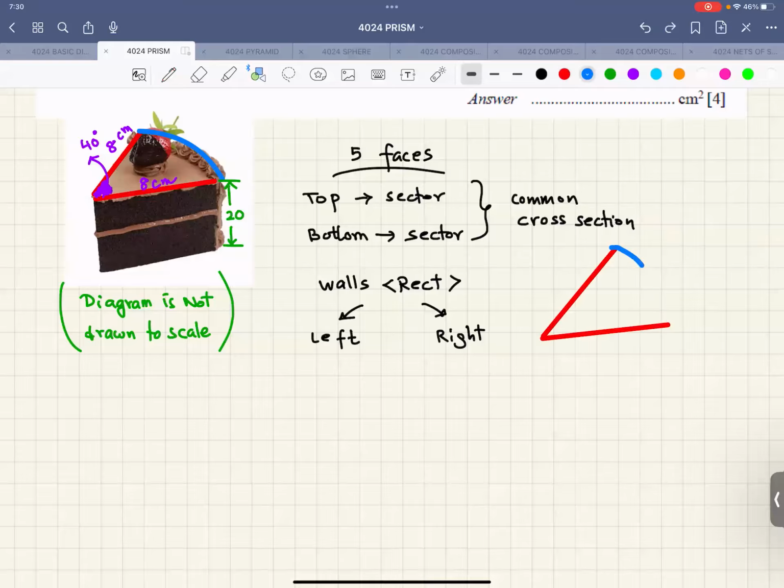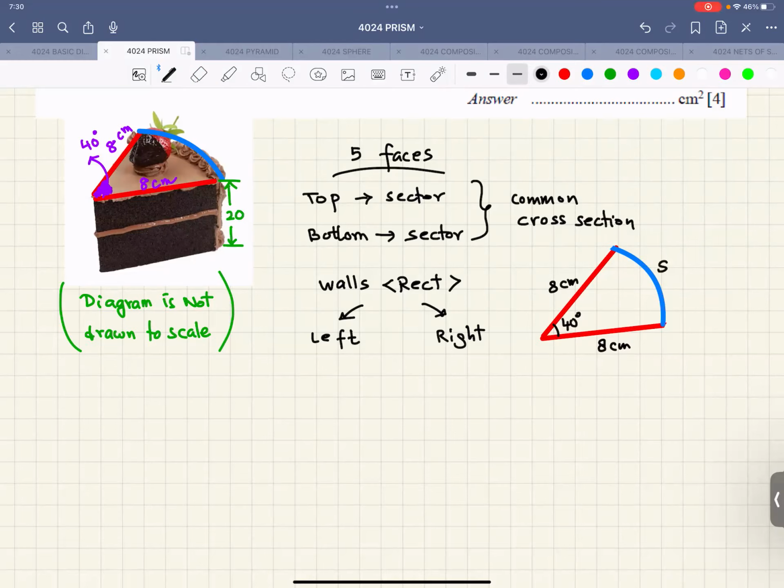So let me make it better all the way over here, and let me remove any extra things over here. Okay. Now this is 8 centimeter. This is 8 centimeter. This is 40 degrees.